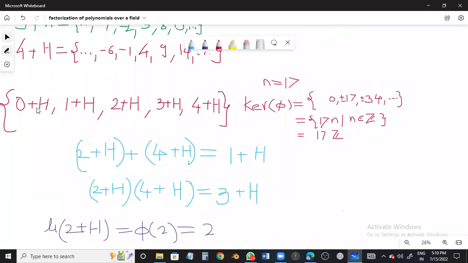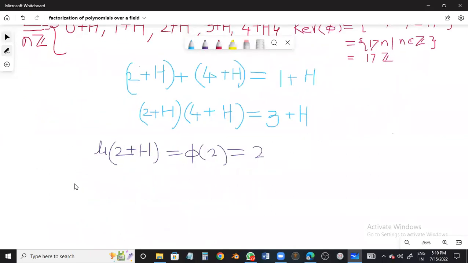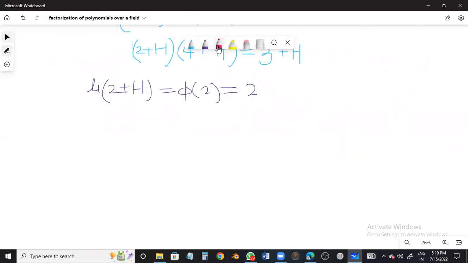It will be phi of 0, and phi of 0 is what? 0. Mu of this particular will be 1, mu of this will be 2, mu of this is 3 and mu of this is 4. So what are we getting in hand? We are getting Zn. The images are 0, 1, 2, 3 and 4 only.